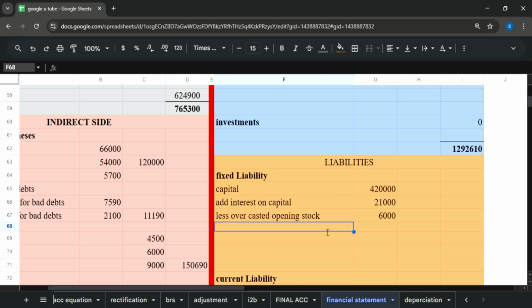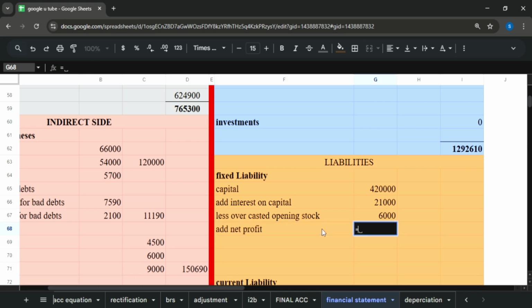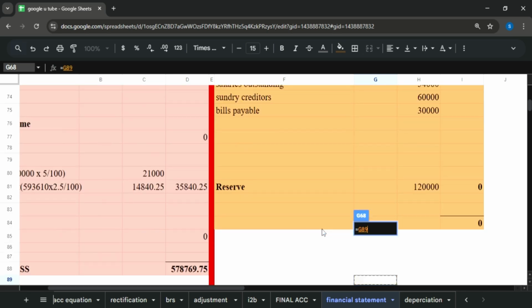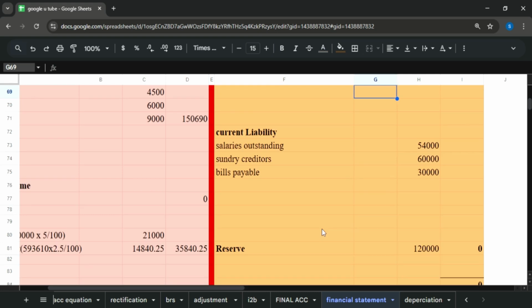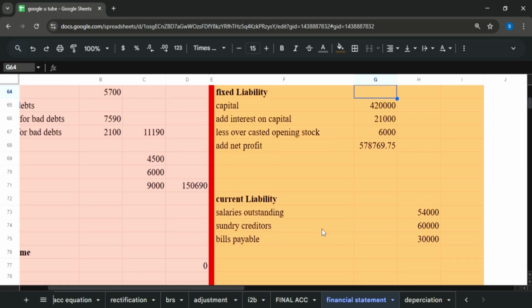So finally here we will be calculating liability side. Net profit is yet to be added, and the net profit which was calculated is here. Okay, let's calculate total of fixed liability side in third column.